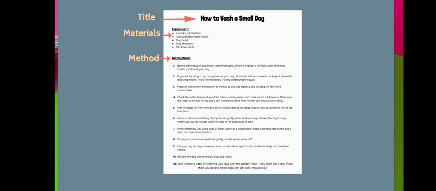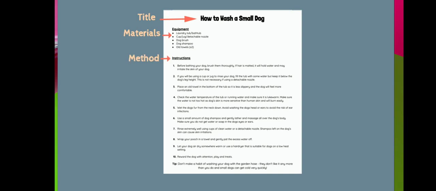Brush. Then in the third step, place an old towel. In the fourth one, check. Fifth one, wet. Sixth one, use. Seventh one, rinse. Eighth one, wrap. And ninth one, let your dog dry. Then the tenth one, reward.